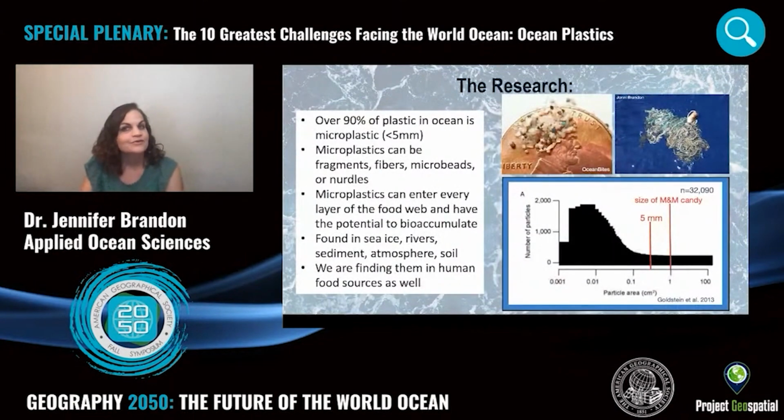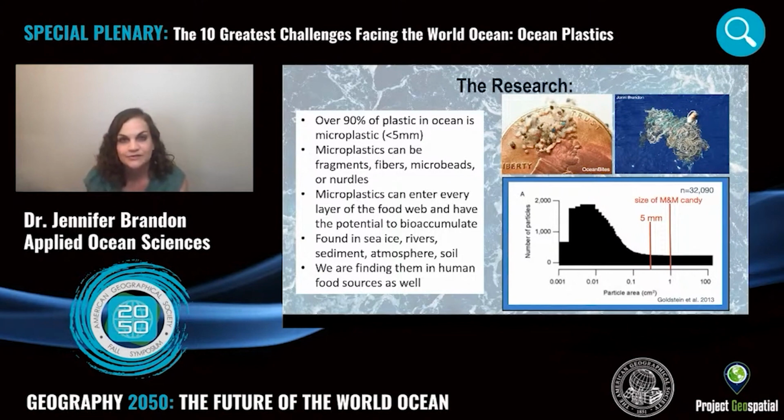What you think of when you think of plastic in the ocean is often those last pictures of really polluted rivers, large pieces of plastic, or this top image on the right of a really big pile of nets, large tires floating in the ocean, animals entangled in plastic. But that's actually not what most of the plastic in the ocean looks like. Over 90% of the plastic in the ocean is microplastic, or plastic that's smaller than 5 millimeters.